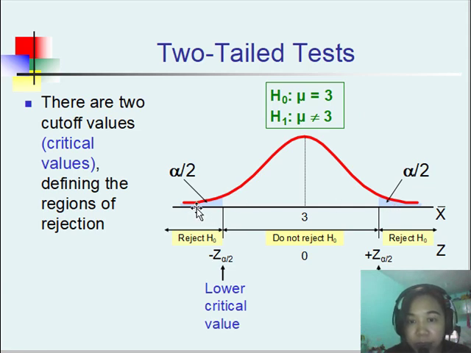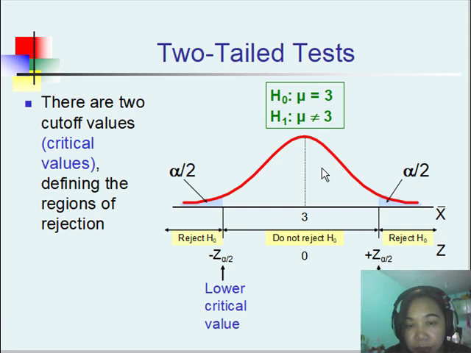If it is a two-tailed test, then we expect a rejection region on both sides, the left and the right. Then your alpha is divided into 2. This one is the lower critical value, and this is the upper critical value. If your calculated z falls within the rejection region, then we reject the null.